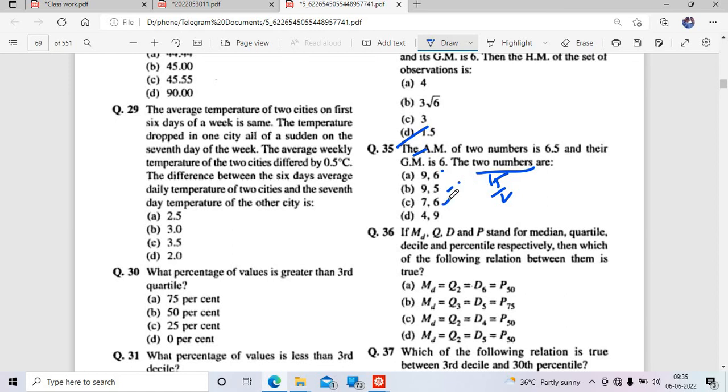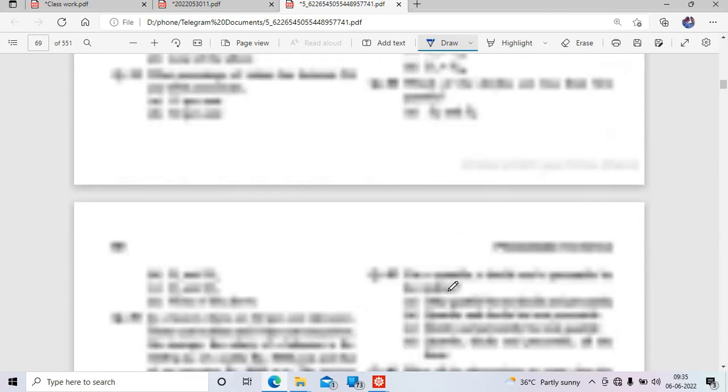So it is 13. No, this is the answer, 13. For the geometric mean, 9 into 4 should be 6. So 9 times 4 is 36, and the square root is 6. So 9 and 4 is the answer. Like this you can practice.